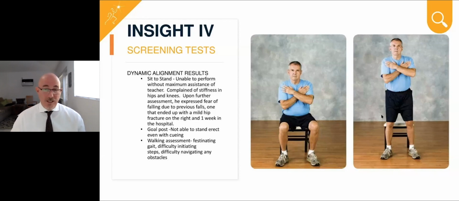Difficulty initiating steps. So he already was at that stage where he could get frozen, right? And he had difficulty navigating any kind of stairs and any kind of obstacles. So if he had to turn around or go through the hallway or change directions, that was very challenging for Arthur at that time. Okay, so let's go to the next slide.